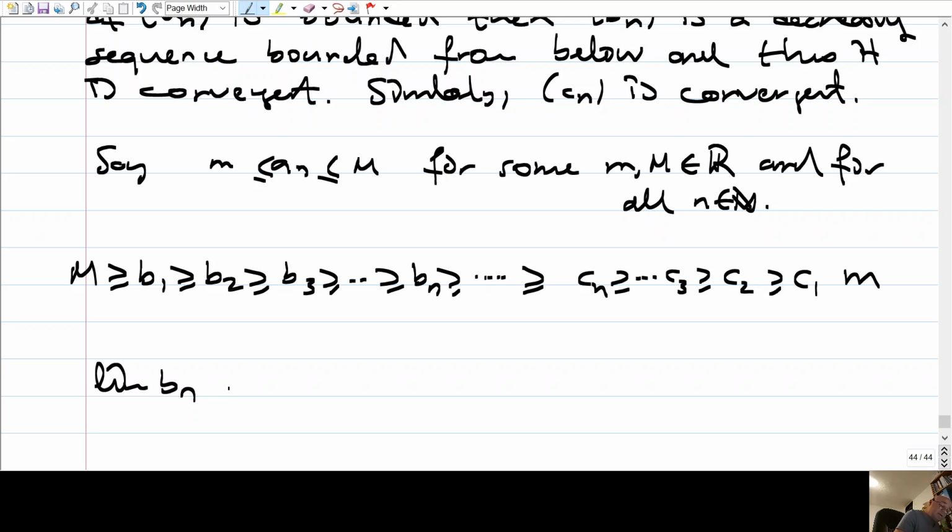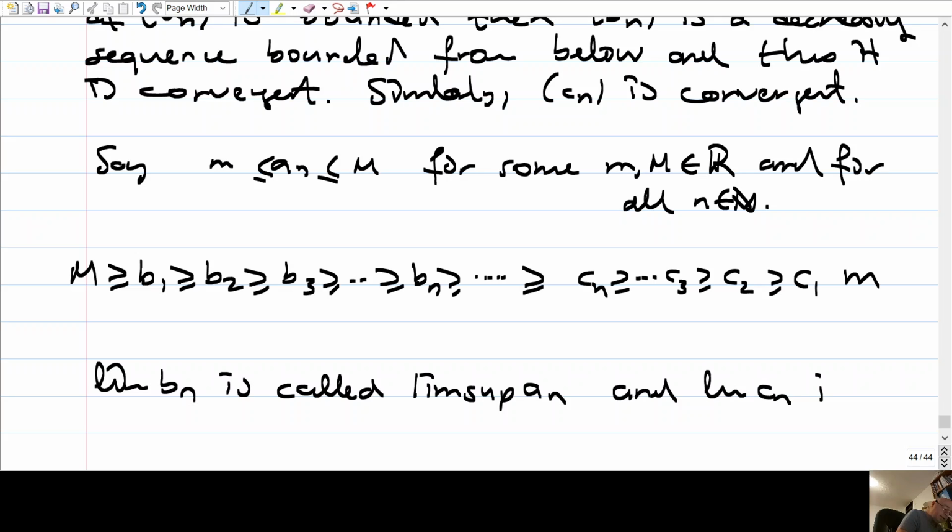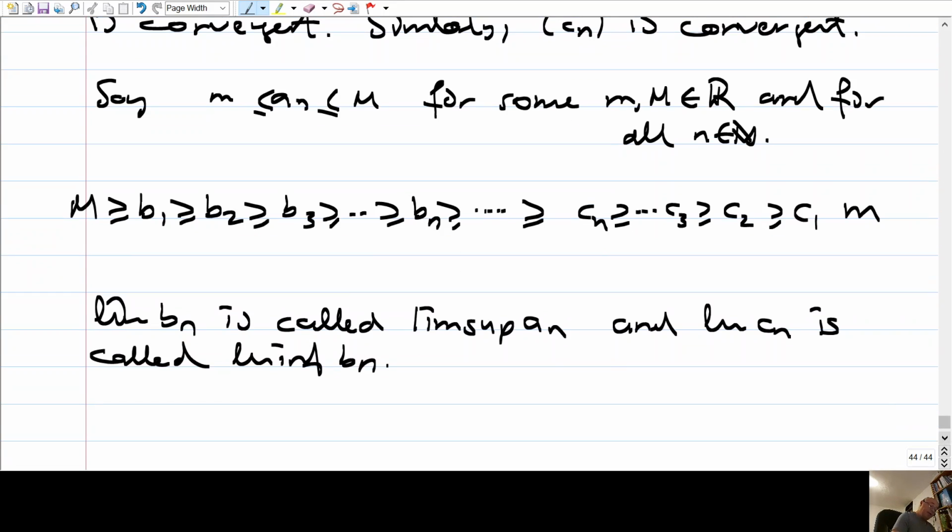This limit is called lim sup an, and the limit of Cn is called lim inf an. So they have names like this.